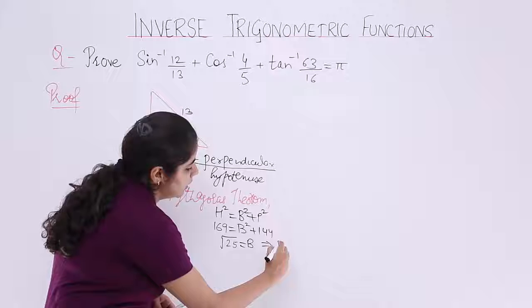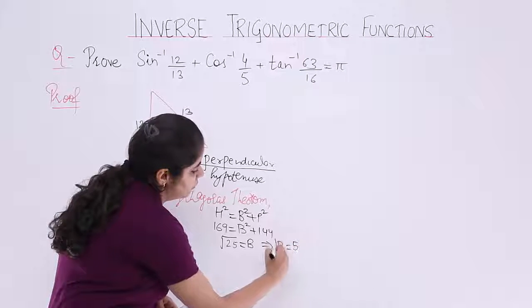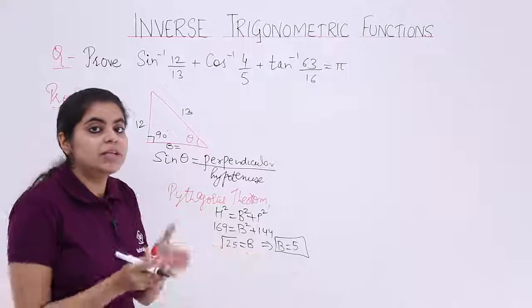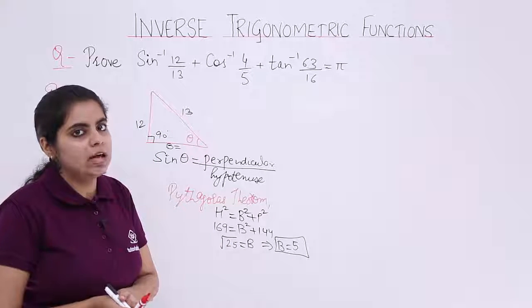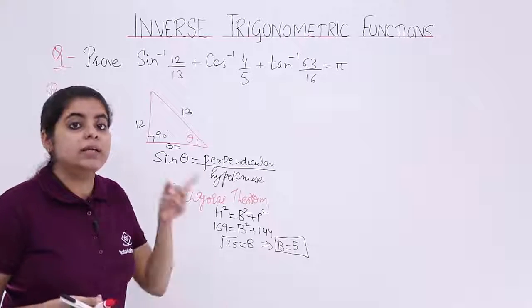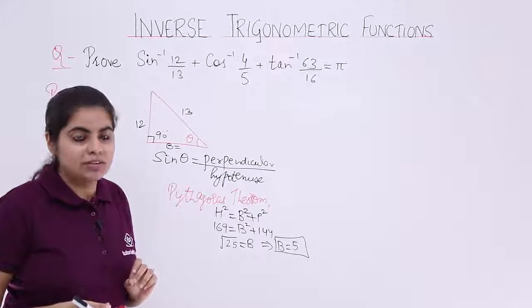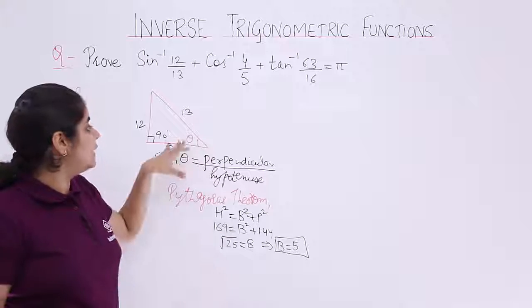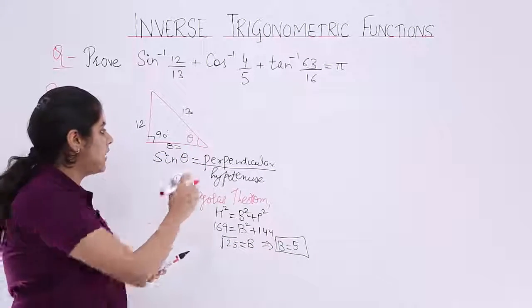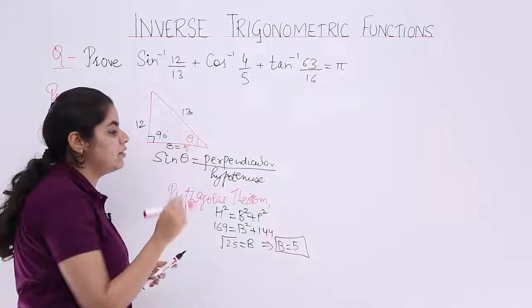So my B, or the base, is basically 5. Now when B is 5, what is the purpose of finding B? I already told you I don't know the formulas of sine inverse, cos inverse, but yes, I know the formula of tan inverse. So we are going to find out tan theta from here. The value of B is 5. Let's write in the diagram. B is equal to 5.